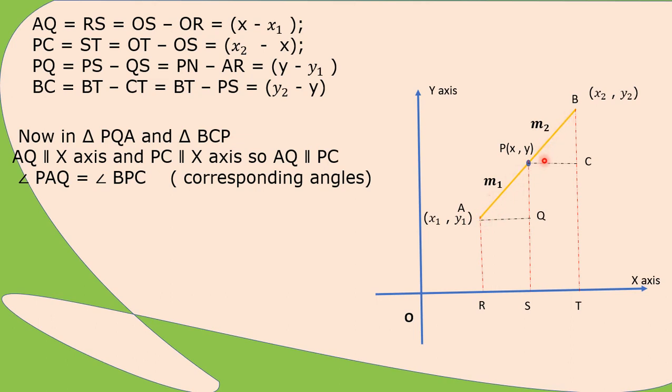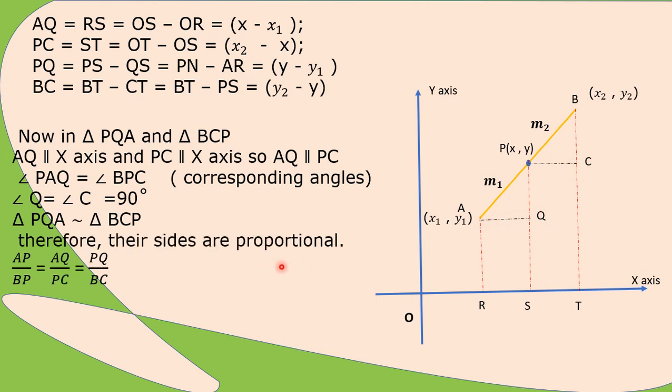So we can say these two are corresponding angles, so these two angles are equal. Similarly, angle Q and angle C are 90 degrees. So by AA similarity, we can say the triangles are similar, and therefore their sides are proportional. So we can write AP upon BP is equal to AQ upon PC is equal to PQ upon BC.